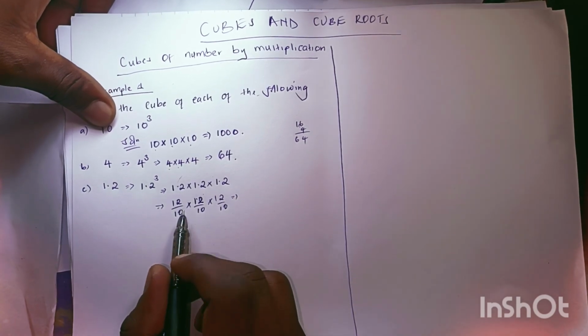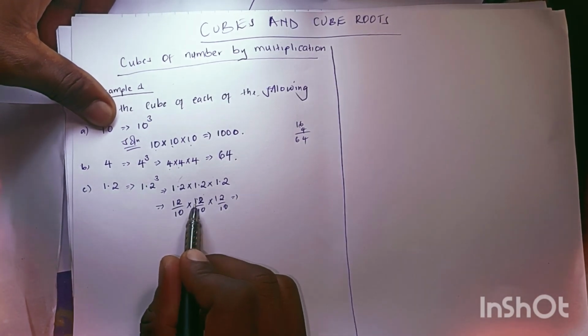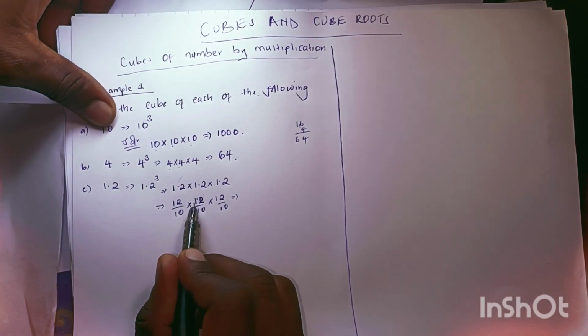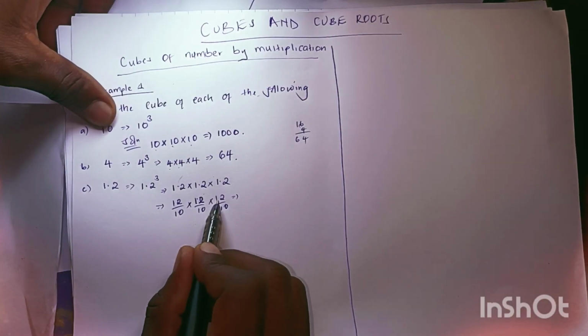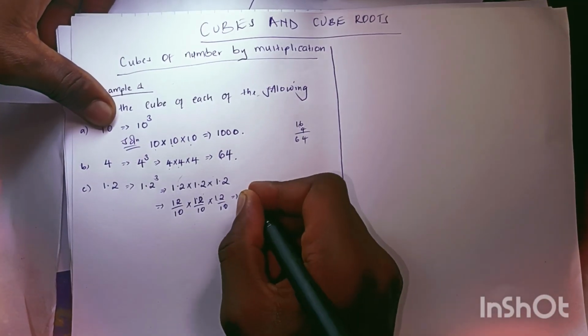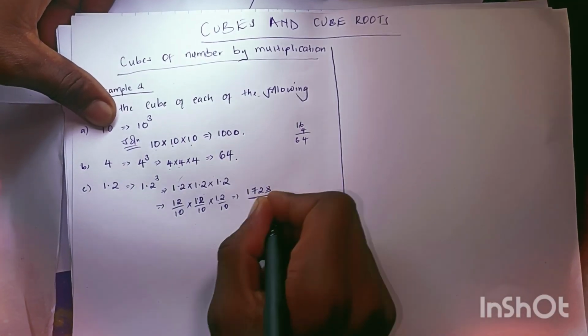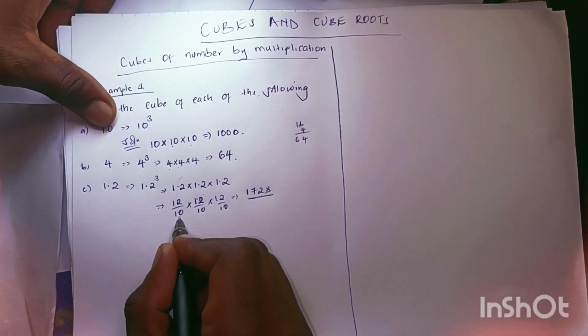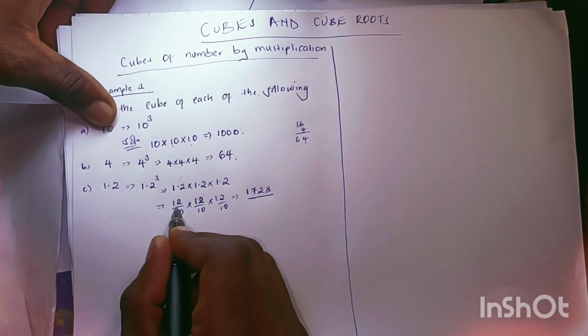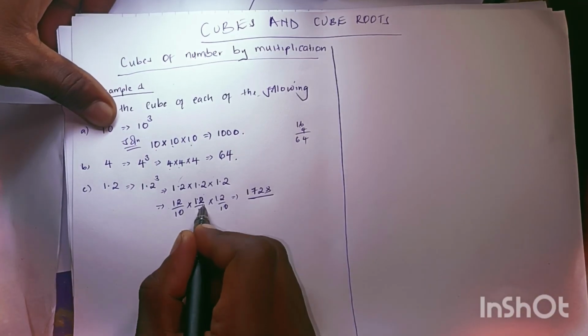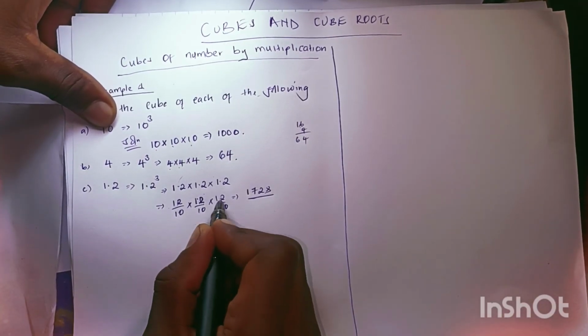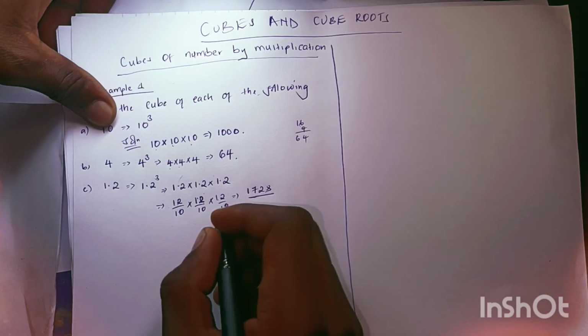This means that 12 times 12 is 144. 144 times 12, I'll be able to get 1728. What about the denominator? I was multiplying the numerator, which is 12 times 12 times 12: 12 times 12 is 144, and 144 times 12 is 1728.